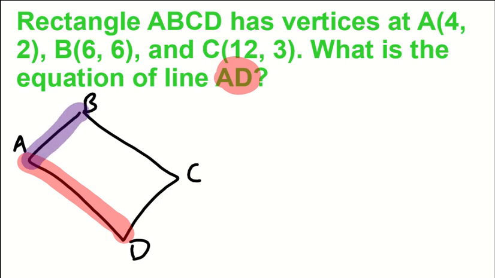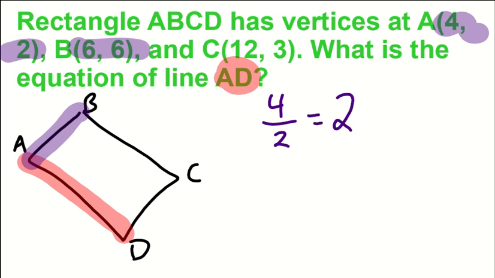Okay? So point A is 4, 2, B is 6, 6. So we go changing Y over changing X. The Y value goes from 2 to 6, so that's up 4. X value goes from 4 to 6, so that's up 2. So you got 4 over 2.